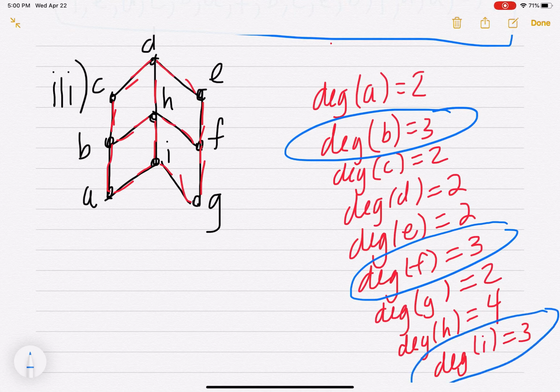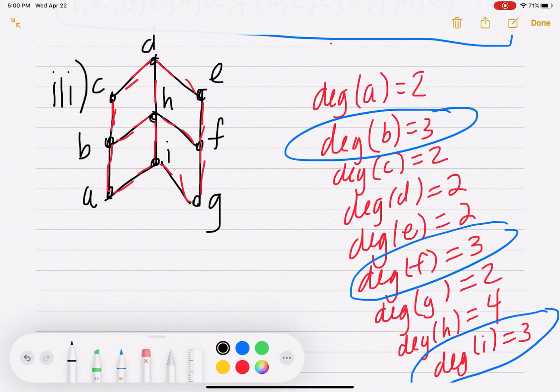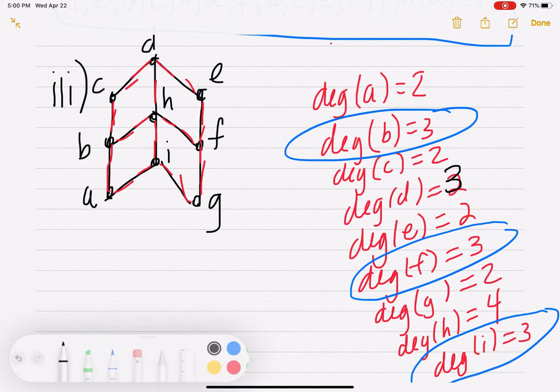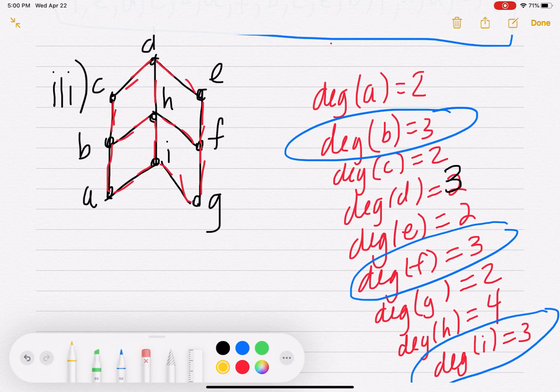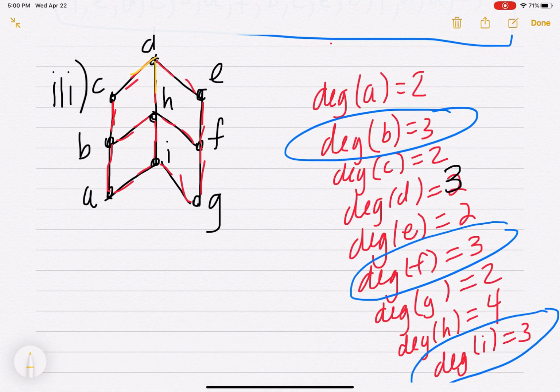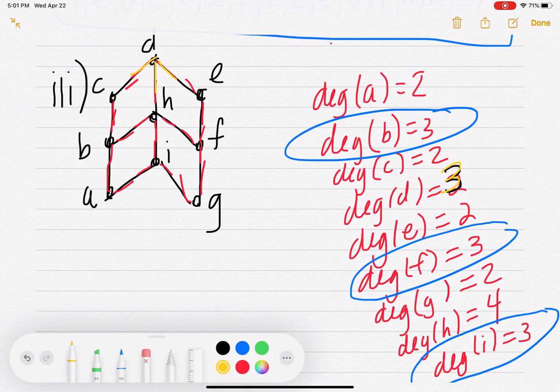My degree of A was 2, B was 3, C was 2, and D was 3. That should have been a 3 right there. Let's count one more time: 1, 2, 3. Yeah, it should have been 3. Now, how did I know something was wrong?